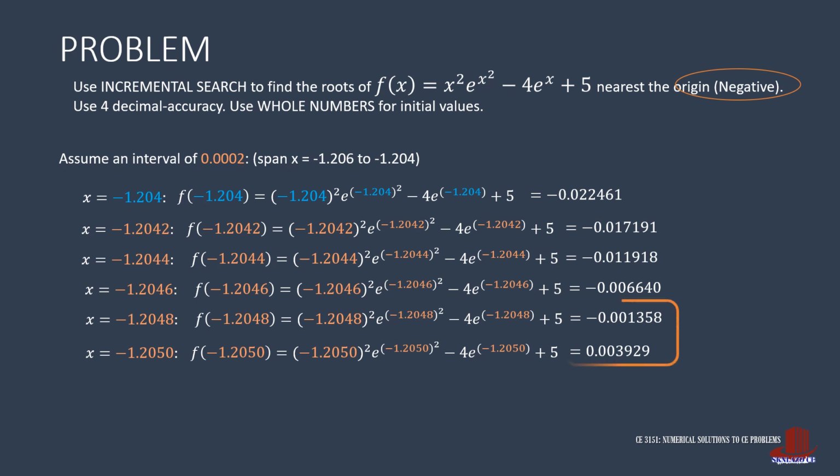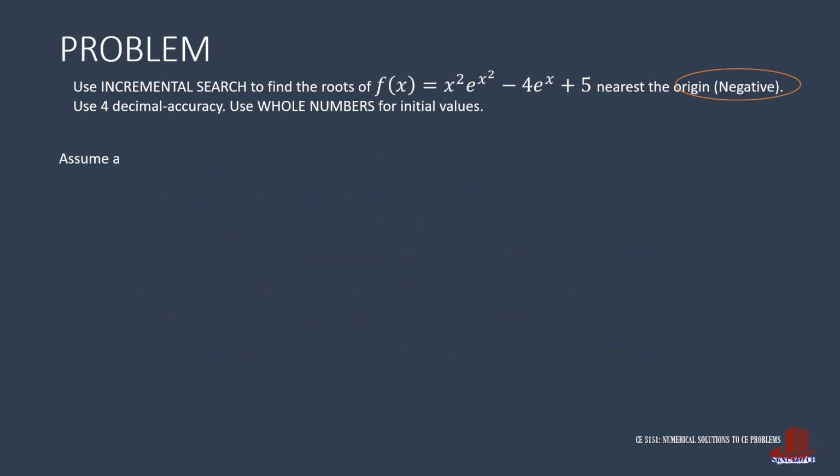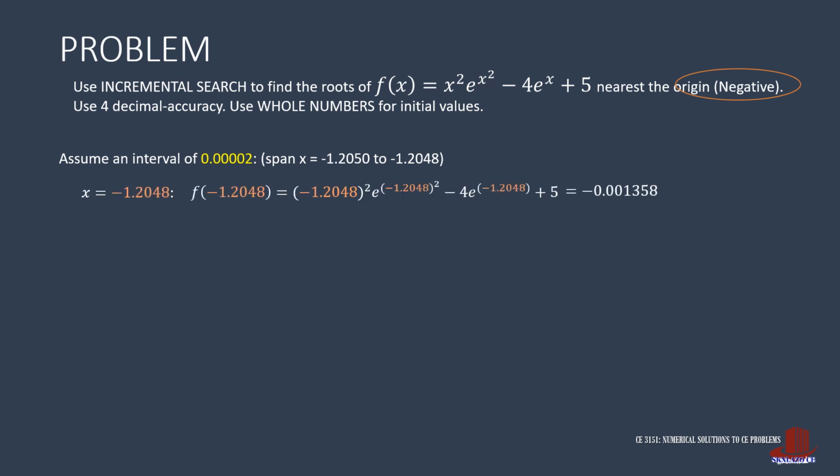Finally, a positive, so we found our next interval, and we will be using x of negative 1.2048 as reference for the next. Now that we know the interval is from negative 1.205 to negative 1.2048, we use a smaller increment of 0.00002 into the reference limit with x of negative 1.2048.